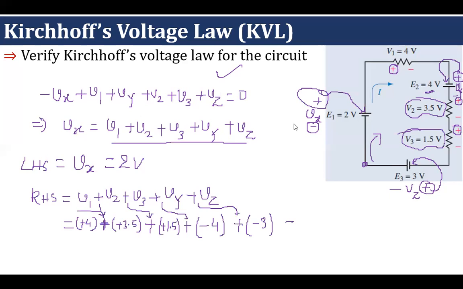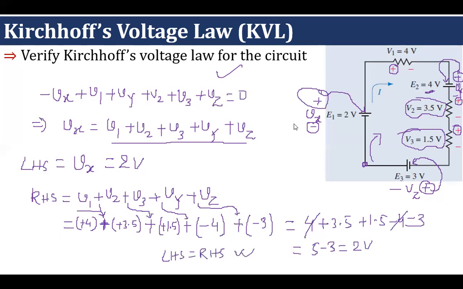So this is minus 3. So solve it. So we got 4 plus 3.5 plus 1.5 minus 4 minus 3. This 4 will be cancelled out. This is going to be equal to 5 minus 3, which is equal to 2 volt. So the left hand side is equal to the right hand side. We have proved the KVL.